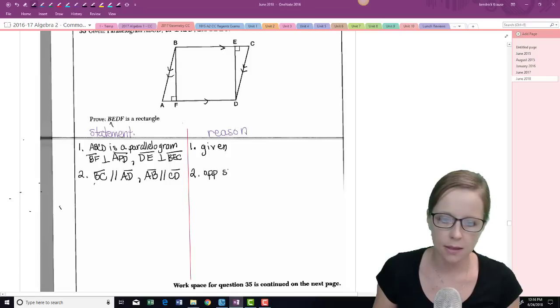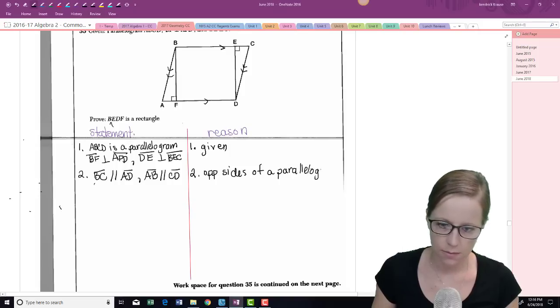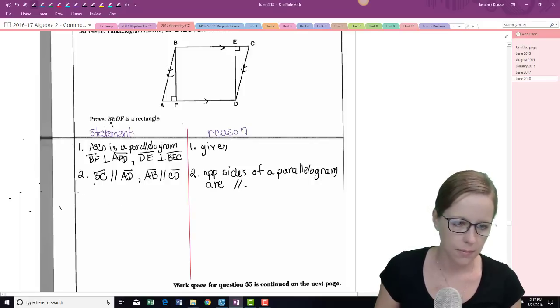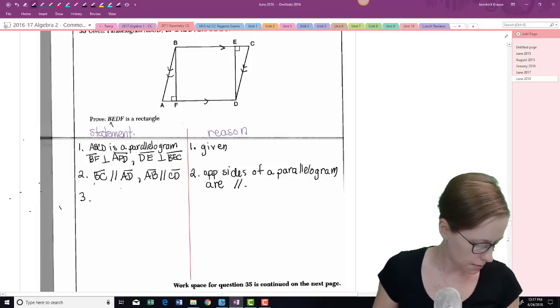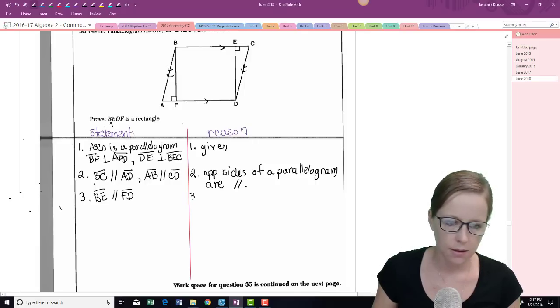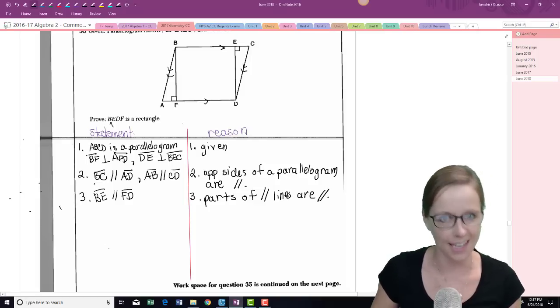Opposite sides of a parallelogram are parallel. Okay. Hooray. Which means that BE is parallel to FD. Parts of parallel lines are parallel. Duh. Right? You feel kind of silly for saying that.